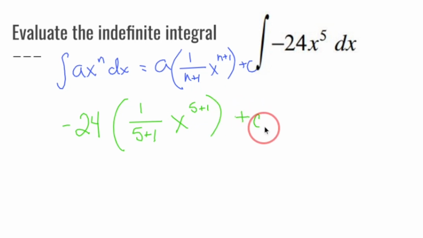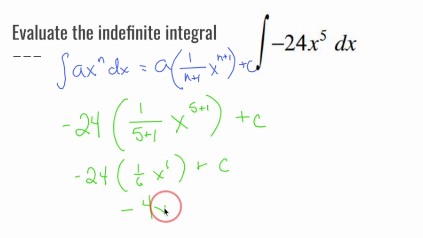Close it, add c. Negative 24 times 1 over 6, x to the 6 plus c. And that negative 24 times 1 over 6 becomes negative 4, x to the terrible looking 6 plus c.